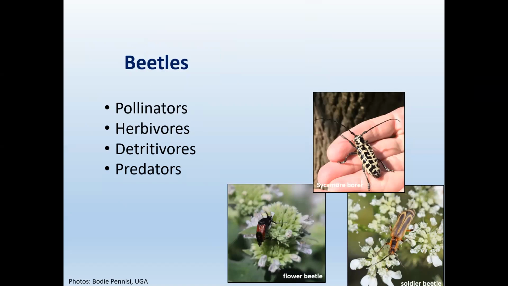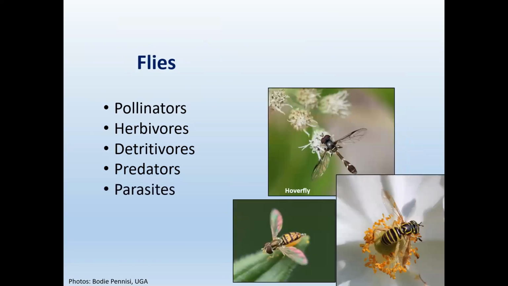So there may be a beetle that's feeding on a tree, it's native, it just comes and goes, it doesn't really cause a problem, or it could be one that is problematic and the damage level is not acceptable. So it's really nice that we can recognize that all of these options exist instead of just drawing a line and saying bad. Flies can be pollinators, herbivores, detritivores, predators, parasites, so lots of different functions depending on the system and the species.